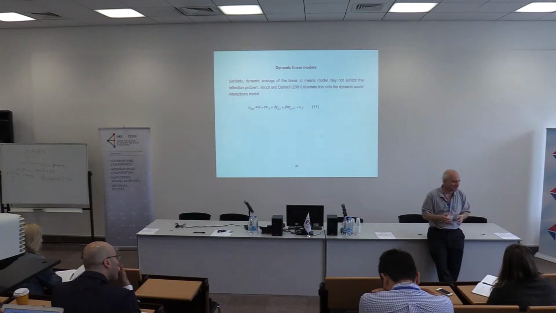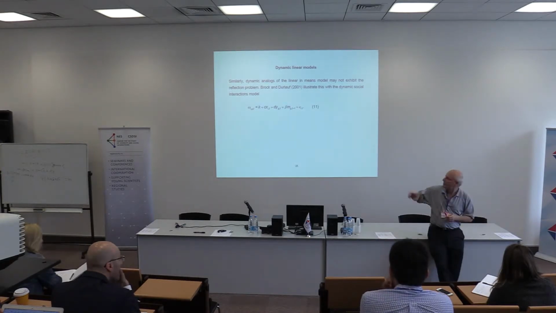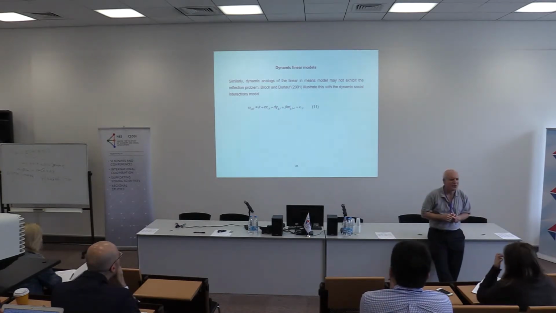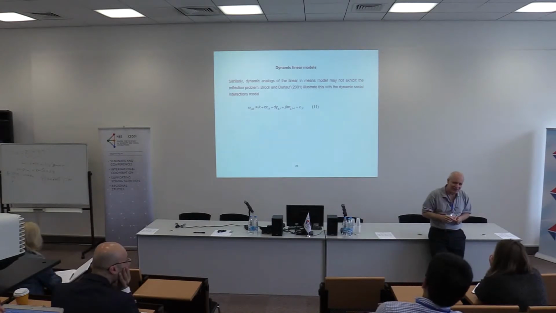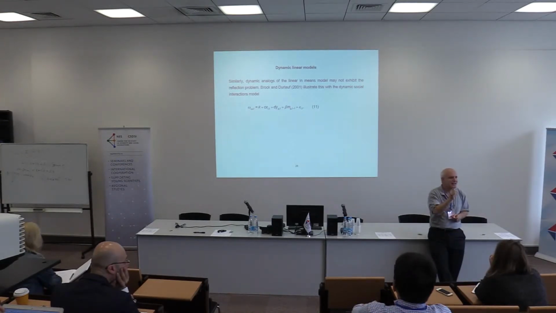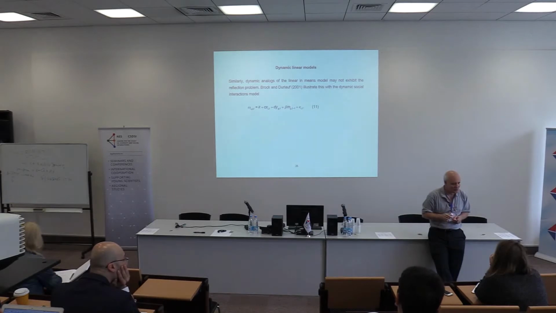And that was my clothing example. Everyone sees that equation looks almost exactly the same as the linear social interactions model I started with, but with one little tiny difference, and that is that the timing of the expectations is not the same as the other variables. Everybody with me on that?